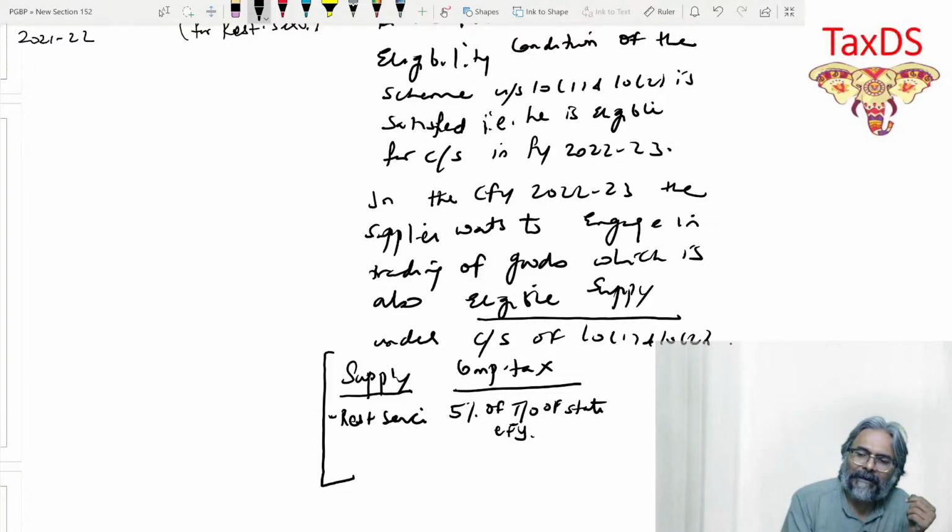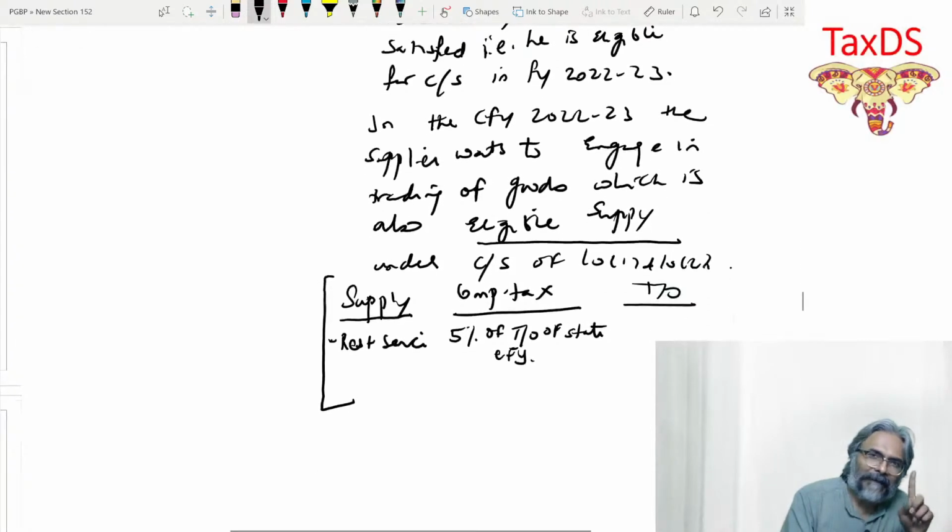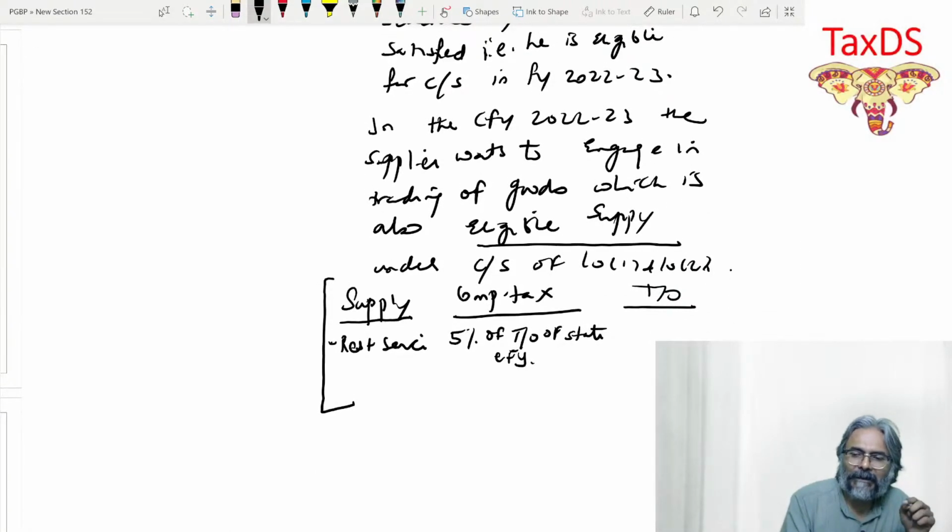And what is the turnover that you are going to take, students? For manufacturing and for restaurant service, the turnover is taxable supply plus exempt supply. And in exempt supply, one thing will not be considered: interest. The next one, students, is the trading of goods.